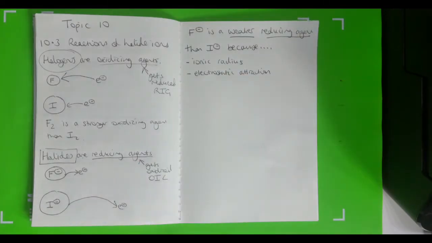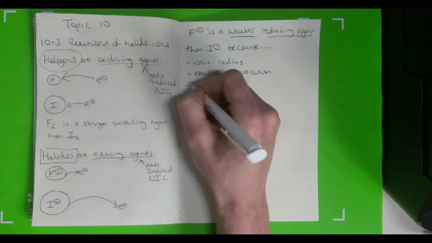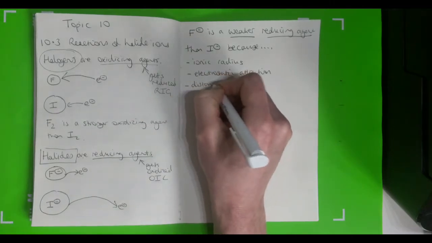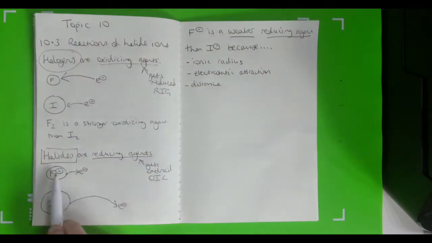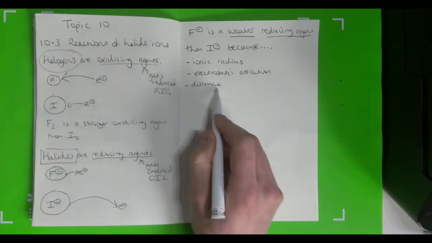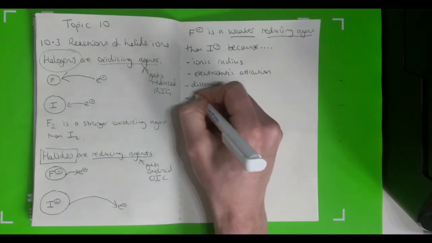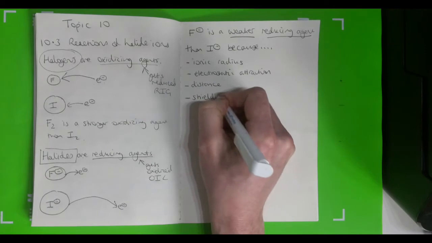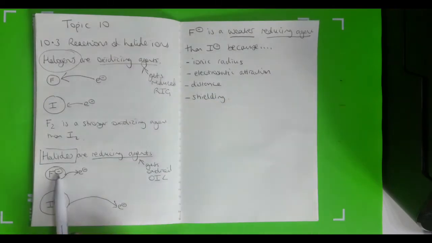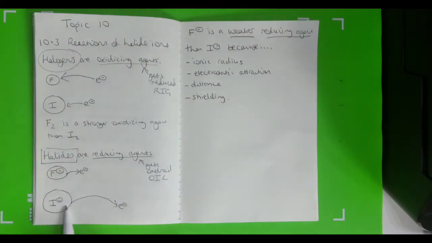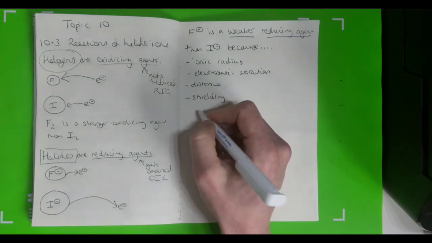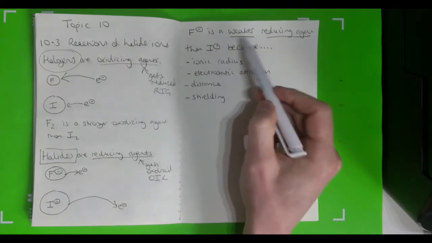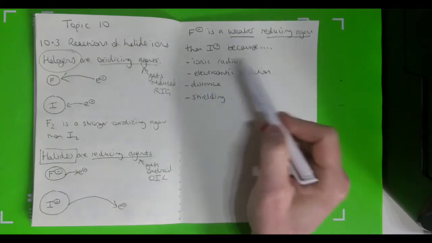Electrostatic attraction, distance, the distance between the electron you're trying to remove and the nucleus is a factor. Shielding, not much shielding there, but quite a lot of shielding there. Okay, so have a go at answering this question using those keywords.